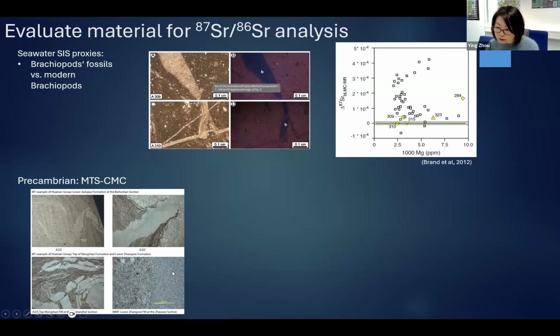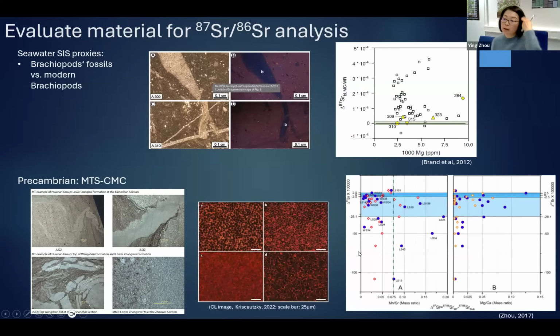This structure is basically a low magnesium calcite with tiny grain sizes, microspar, and this is under cathodoluminescence. We can see that these rocks are normally tightly packed, polygonal, from 5 to 15 micrometers in diameter. I did a similar comparison of the strontium isotopes of the molar tooth structure and the host rocks.